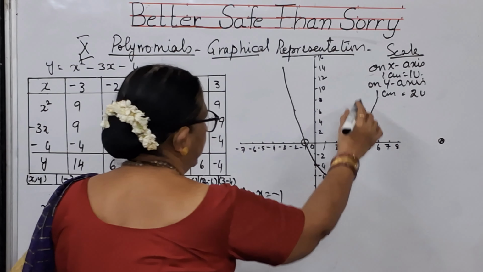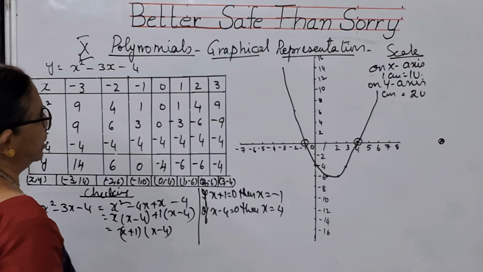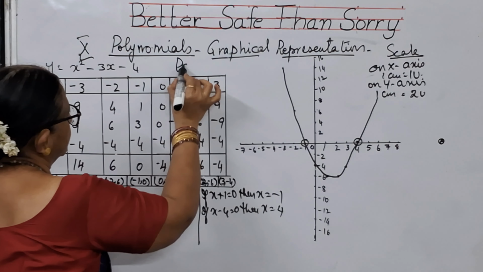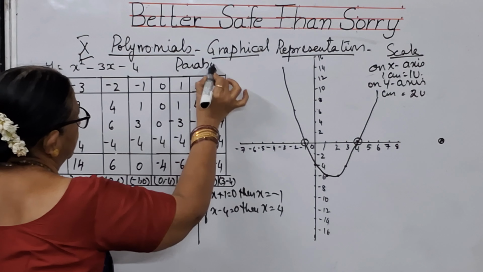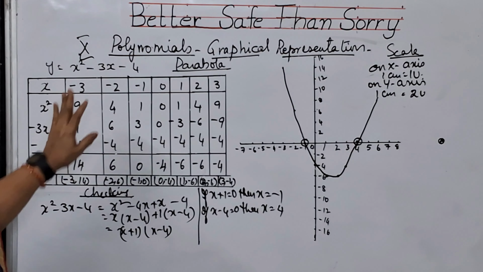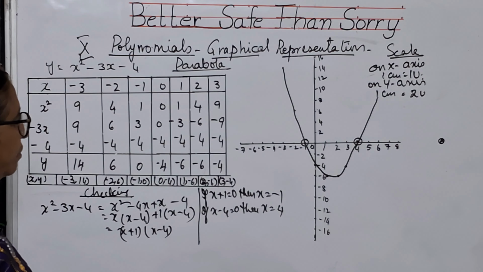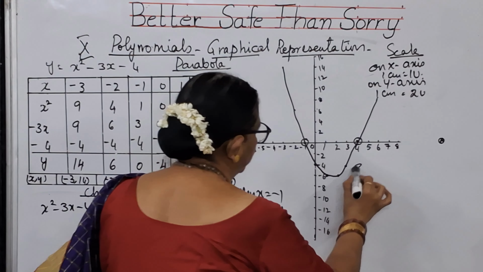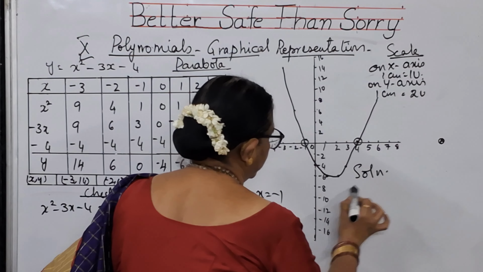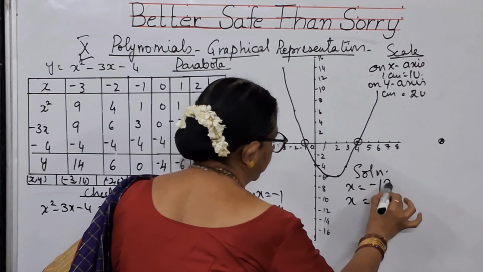This is called a parabola. We call it a parabola. So you are getting a parabola by a quadratic equation. So when you are getting a parabola, what is the solution? The solution here is x is equal to minus 1, x is equal to 4.